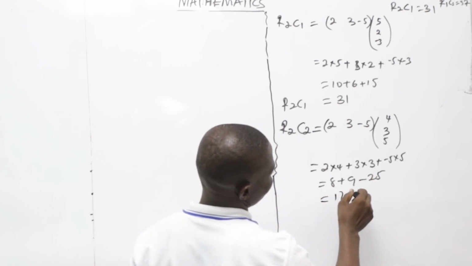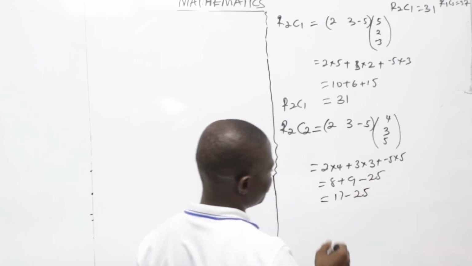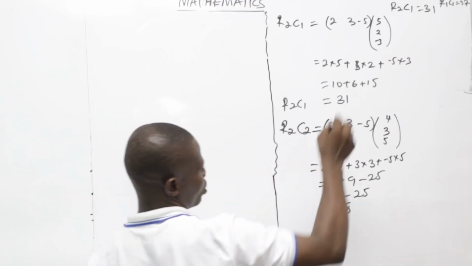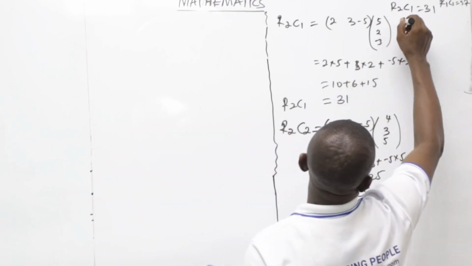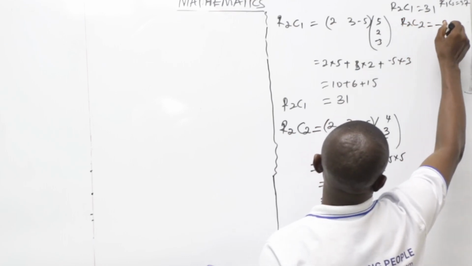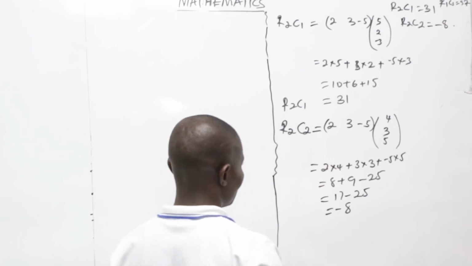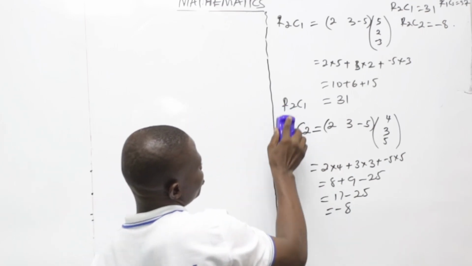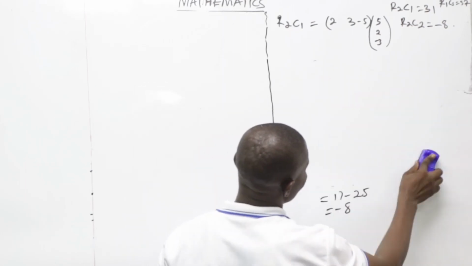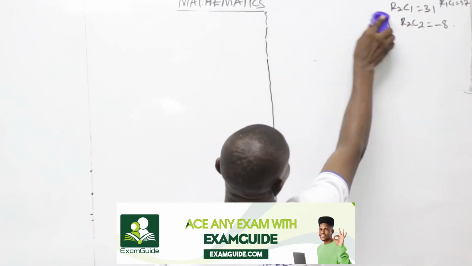This is 17 minus 25 to give us minus 8. So, row 2, column 2 equals minus 8. The next is row 2, column 3.